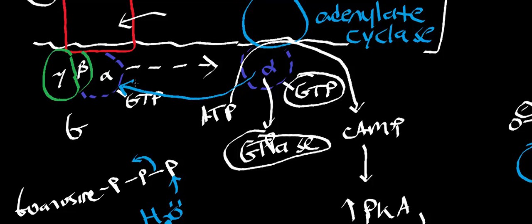So when we initially look at a G protein, assuming GTP is not bound and GDP is bound, you'll ordinarily see it attached over here to these regulatory subunits. If GTP is bound, you're going to see it right there. If GDP is bound, it's going to be bound to the regulatory subunit.